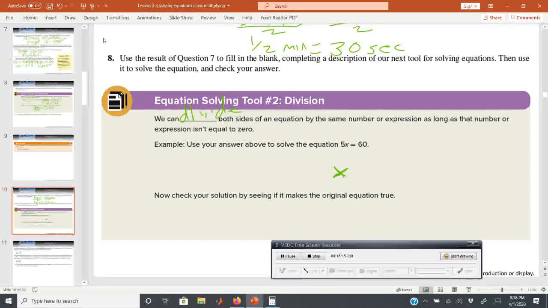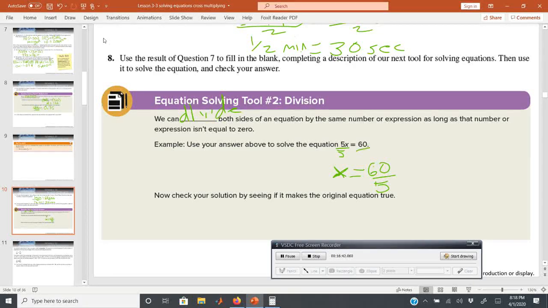So we're developing some tools here. So the way they want us to say this, what did we do to both sides? Divide both sides of the equation by the same number or expression, as long as that number or expression isn't equal to 0. That's important.